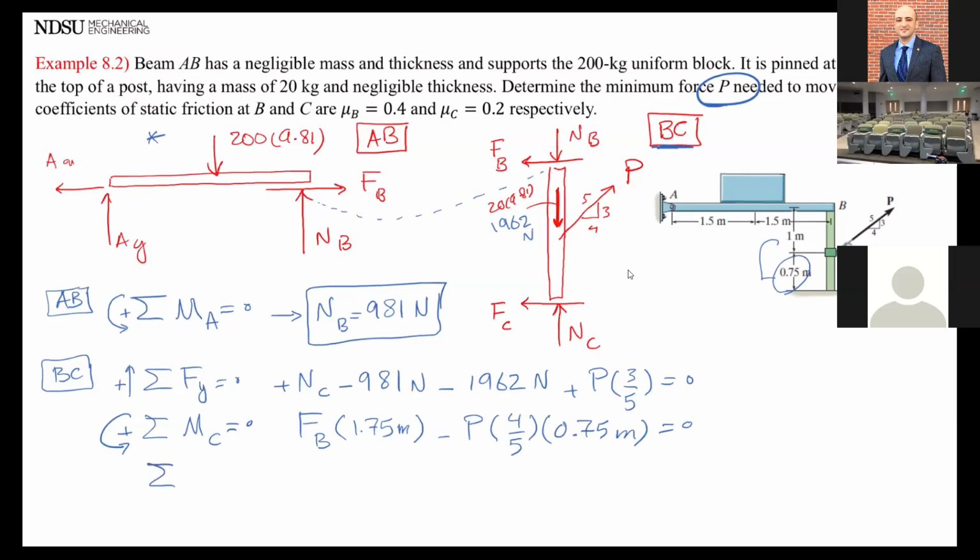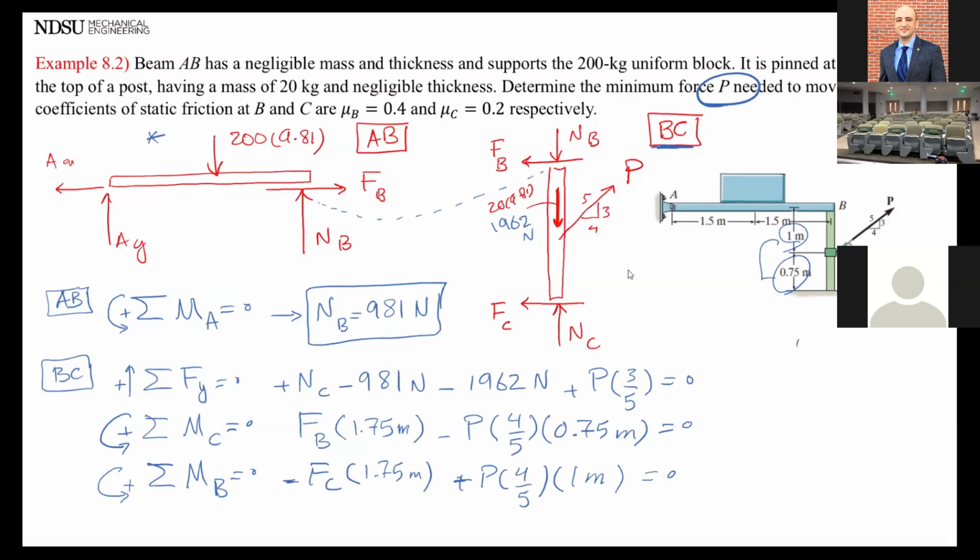Let's take a moment about point B. All right, just an additional equation. So this time it's going to be FC multiplied by 0.75 meters. This time it's going to be plus 4.5, and the distance this time is 1 meter. And that one should be negative. All right. Two unknowns for this equation.